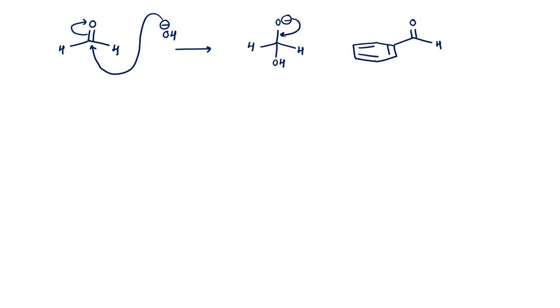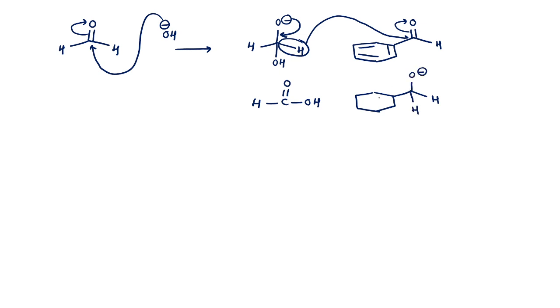This negatively charged H will attack on this. The product will be HC double bond O, OH plus the benzene ring. Then exchange will take place. It will form HCOO minus Na plus, and the benzene ring becomes CH2OH, so it is benzyl alcohol.